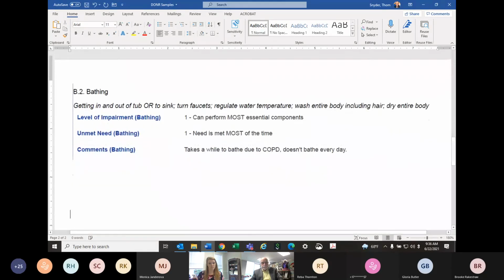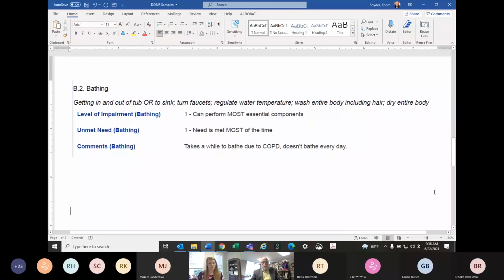Okay. The diagnosis COPD doesn't tell me why she's having trouble bathing. As a nurse, I would guess, but it would just be a guess. Is it because she gets so short of breath she has difficulty? I would need to have that spelled out in the comment so I don't have to guess.